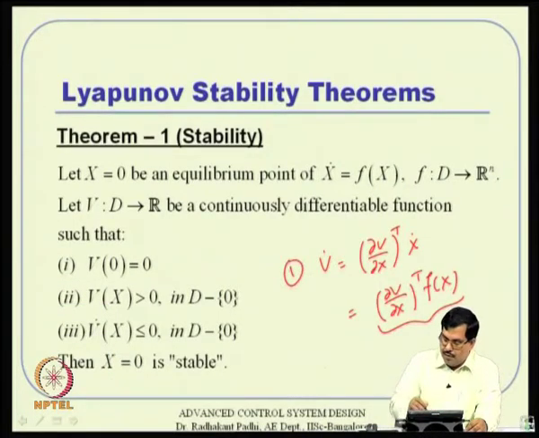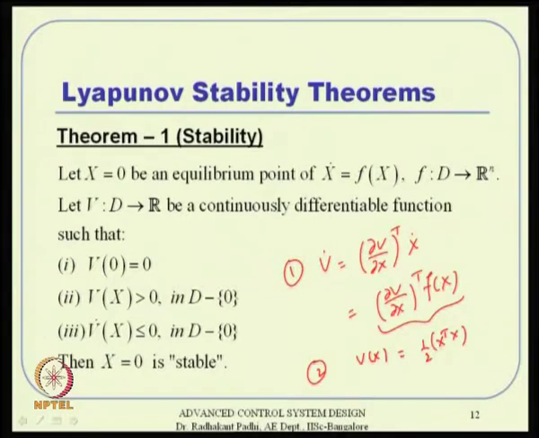Okay. The second comment is, if nothing is given, then for V of x we typically like to start with something like x transpose x, let us say. That is certainly a positive definite function, okay, because if you take x equal to 0, it is 0, and for any other x, it is strictly positive for all x not equal to 0 basically.